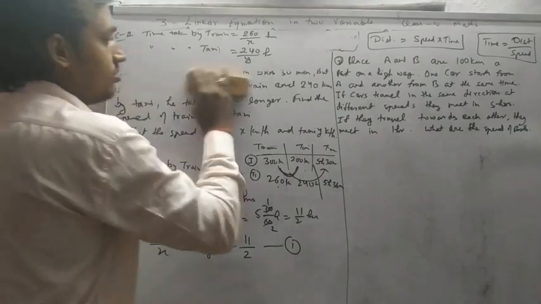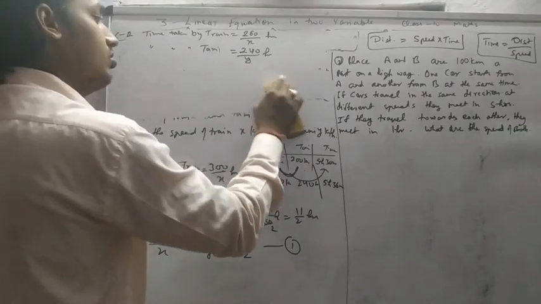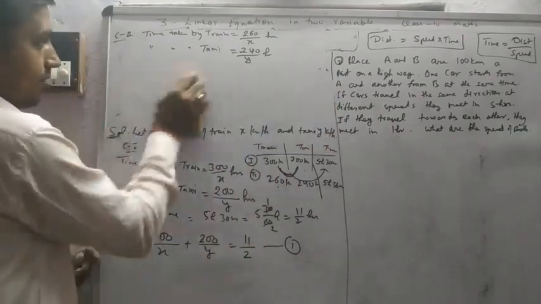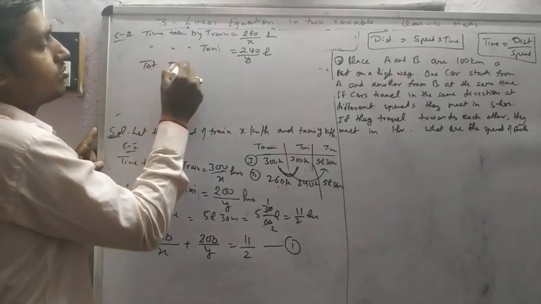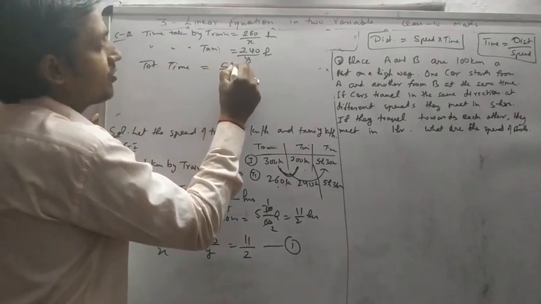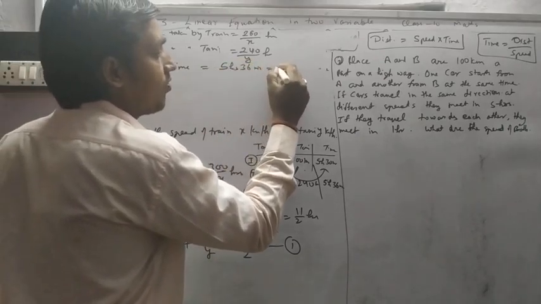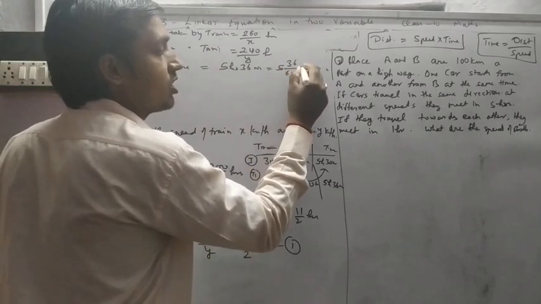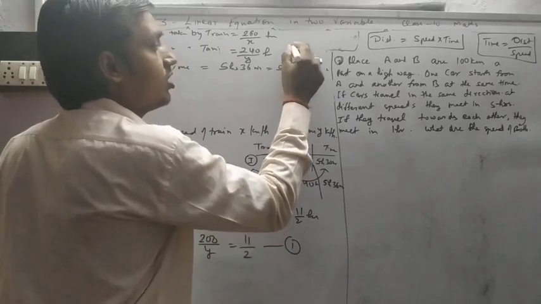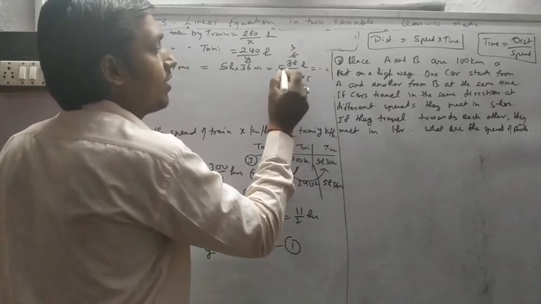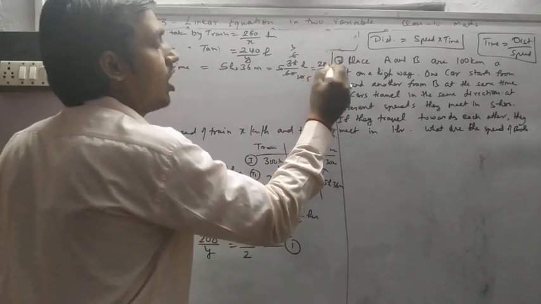And total time 5 hours 36 minutes, means 5 whole 36 upon 60. 6 by 6, 10 by 2, 3 by 2, 5 by 5, 25 plus 3, 28 by 5 hours.